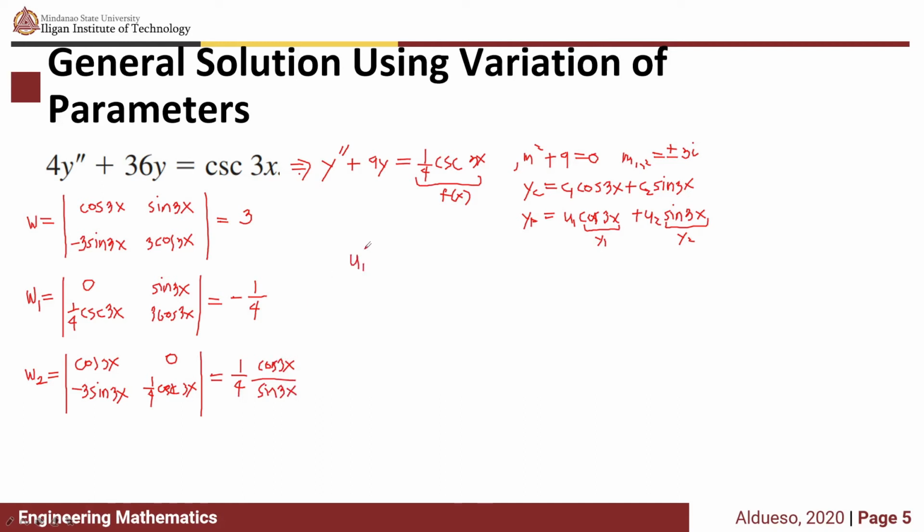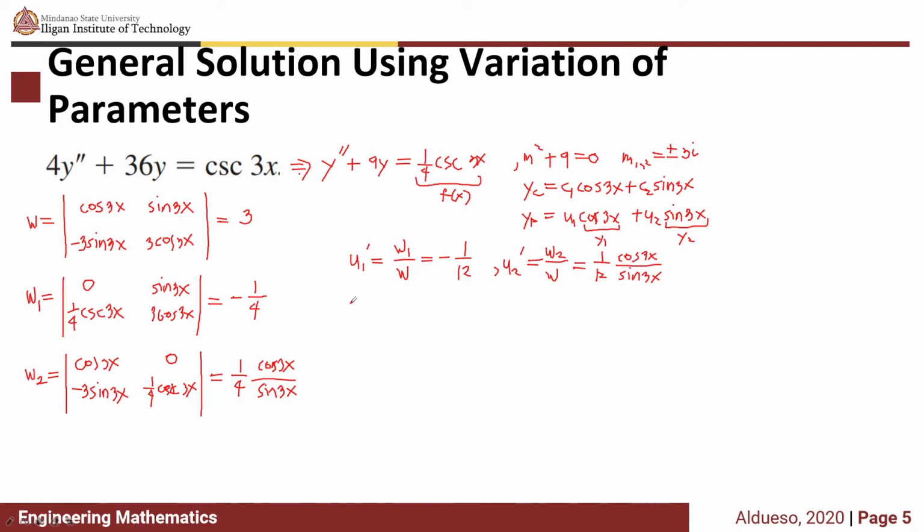So our u1 prime is equivalent to W1 over W, equal to negative 1 over 12. And our u2 prime is equivalent to W2 over W, equal to 1 over 12 cosine of 3x over sine of 3x.